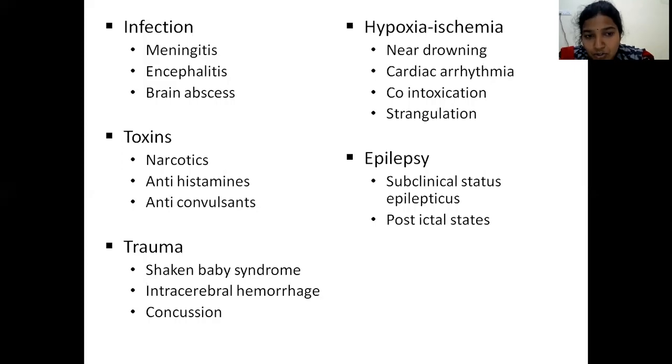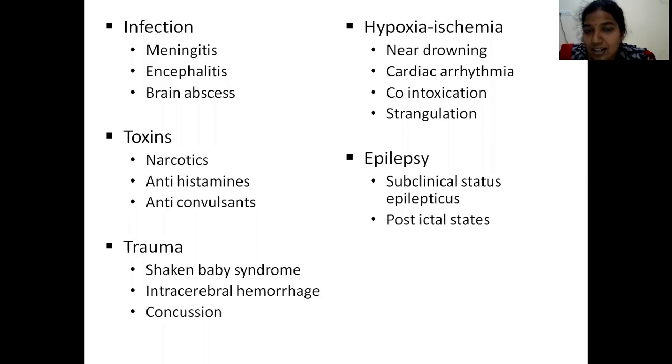Shaken baby syndrome usually affects children less than 2 years of age, in whom the cerebral vasculature, especially the cerebral microvasculature, is not completely developed, and as soon as we put more force on the baby and shake the head, they'll be bleeding intracranially. Okay. And intracerebral hemorrhages after any trauma, and concussion injuries in the brain.